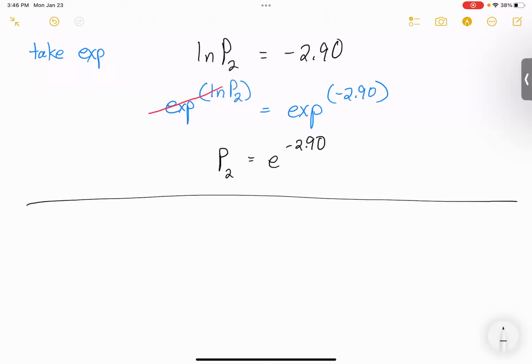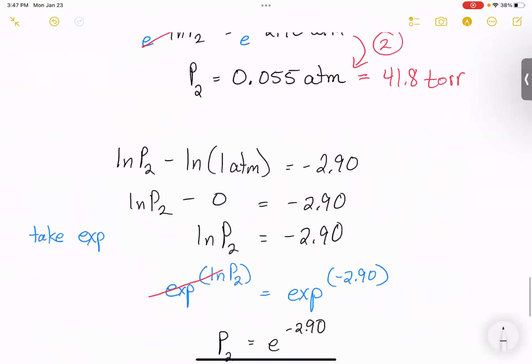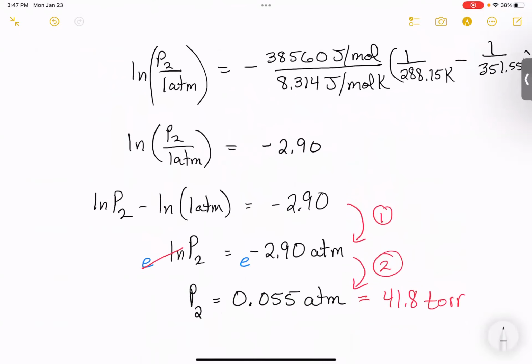So all it is separated from it, to get to the slope. It may just be because it's in the parentheses first separately. I made sure I did the 1 divided by 288.15 minus 1 divided by the 351. Right. And then I got a.